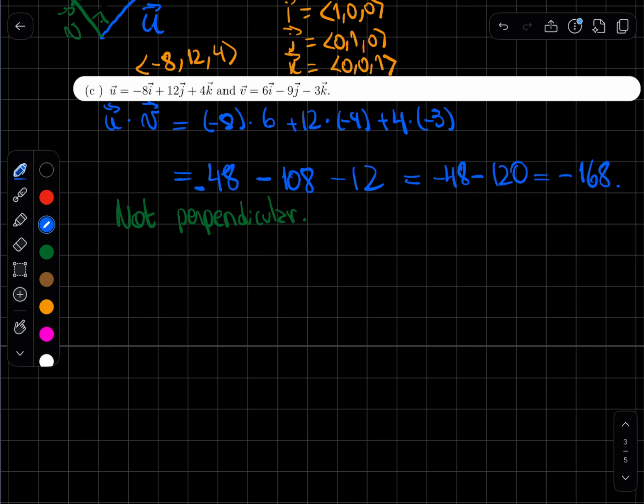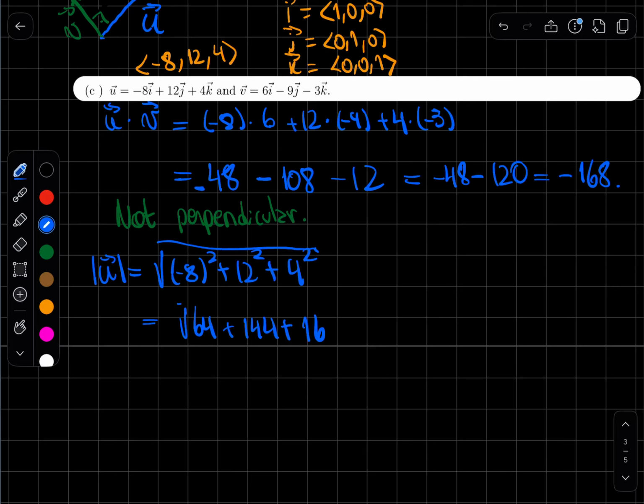Just do magnitude of u, and that would be the square root of negative 8 squared, 12 squared, 4 squared. That's the square root of 64 plus 144 plus 16. Maybe combine these first to get 80 plus 144. So that will be 224.